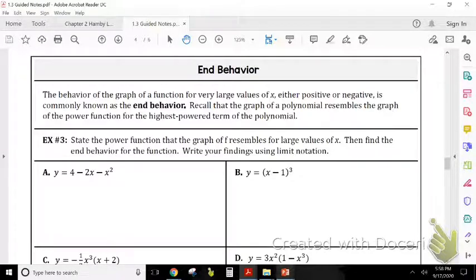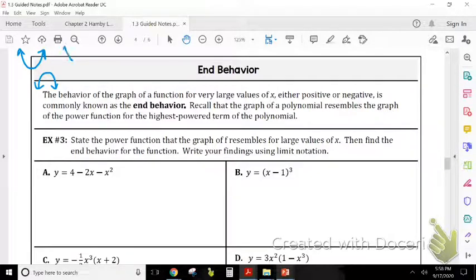A few things to remember before we get into this: remember what x squared looks like. X squared is a quadratic, and if it's positive, it opens up, and if it's negative, it opens down. Any even-powered function is going to have the same end behavior as x squared.